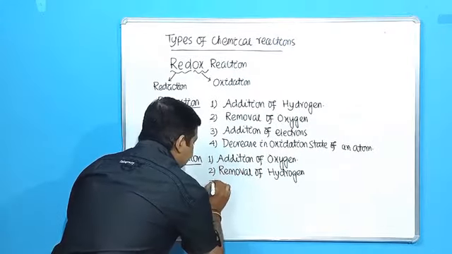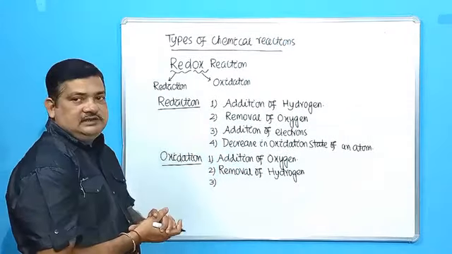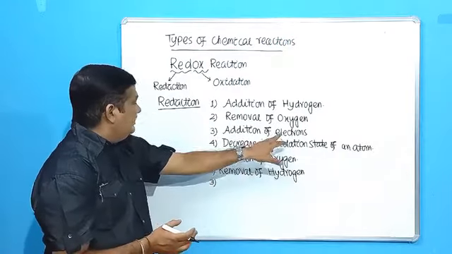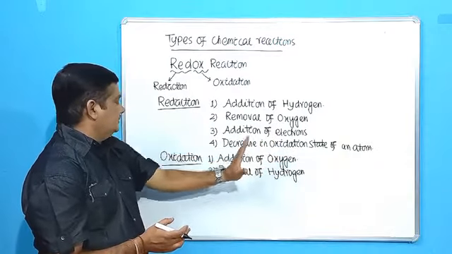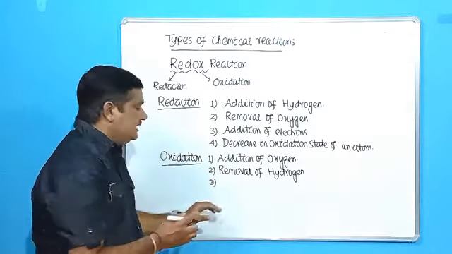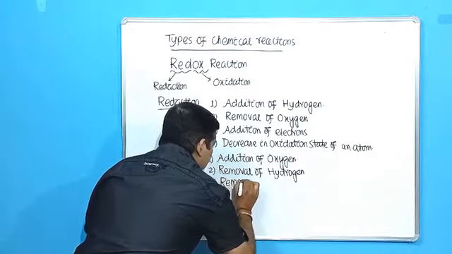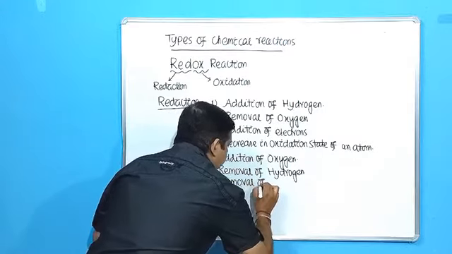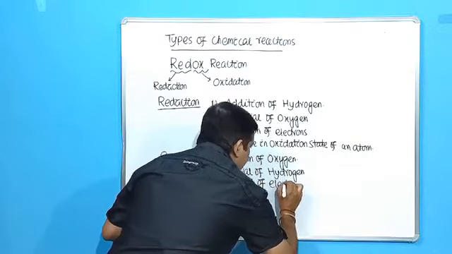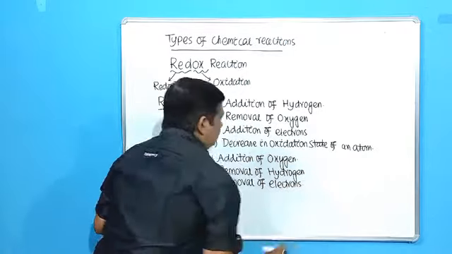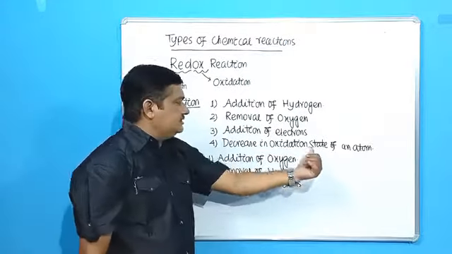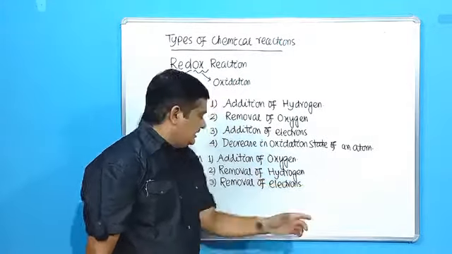Then the modern concept will be with respect to electron, shift in electrons. So here reduction was addition of electrons. Okay. So here it will be removal of electrons. Removal of electrons. So when electron was added, the oxidation state of an atom was decreasing.